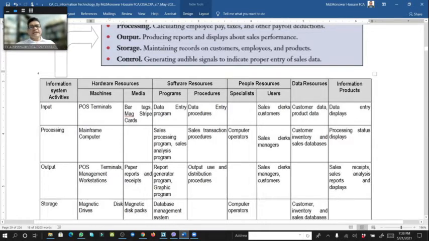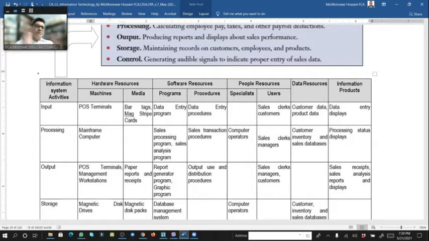And procedure, data entry procedure. And user is sales clerk or salesman. People resources here. Data resource is customer data, product data that goes to their system, and information product is data entry display on their monitor. So this is the input activity within all the information resources.